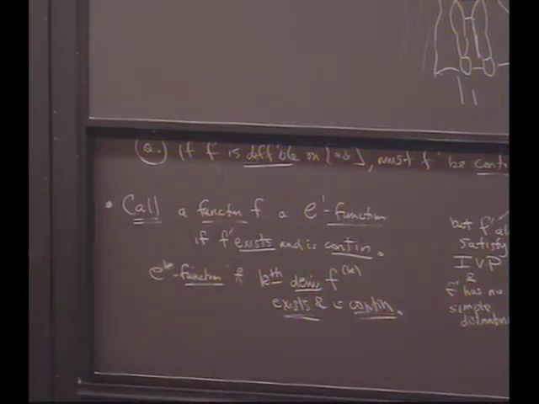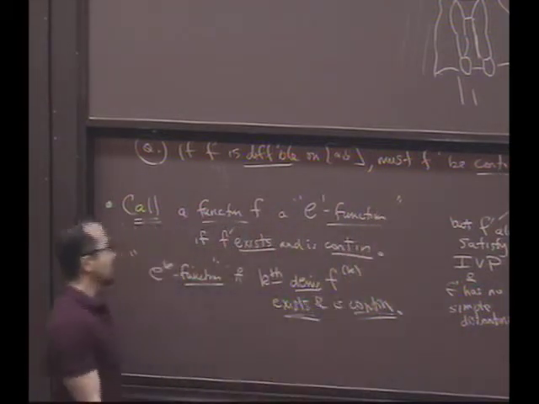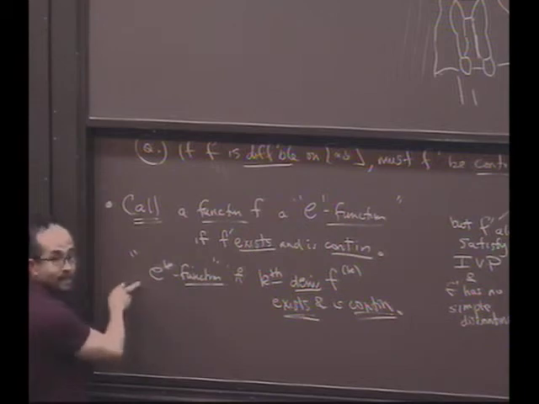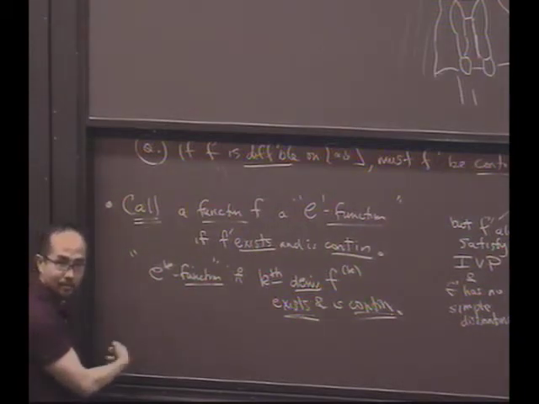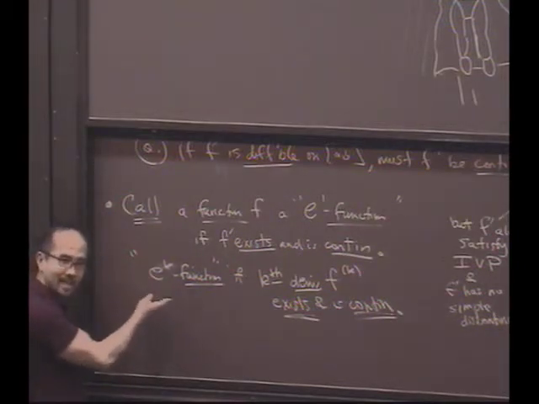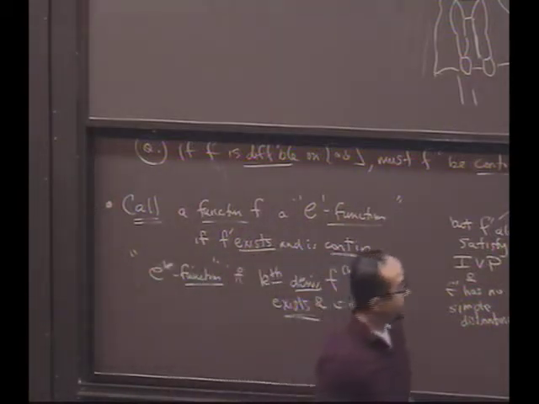Now, you might ask yourself, well, how do I even know there are functions that are C1 but not C2? Or functions that are C2 but not C3, for instance? What do you think? Well, probably because I've got names for these things, right? How do you think I might construct such functions?